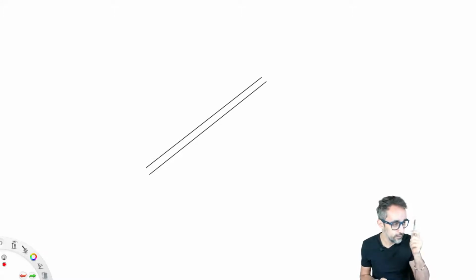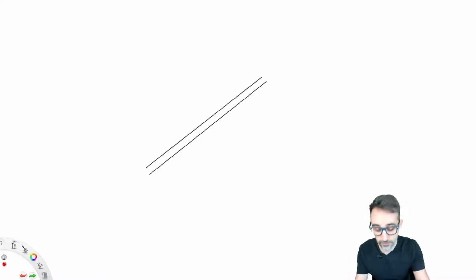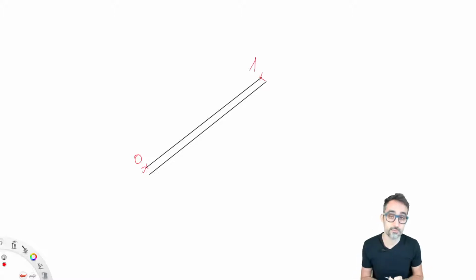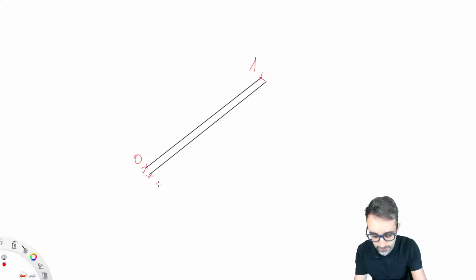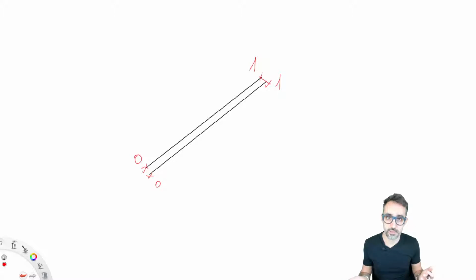But something that we need to keep in mind, and this is very important, is the fact that lines actually do have an internal direction. We might be in a situation where the first line has this as the starting point, I'm going to call it 0, and has this as the ending point, I'm going to call this 1. And we might be lucky and the second line also has this as the first point and this as the second point. That could be a possibility.